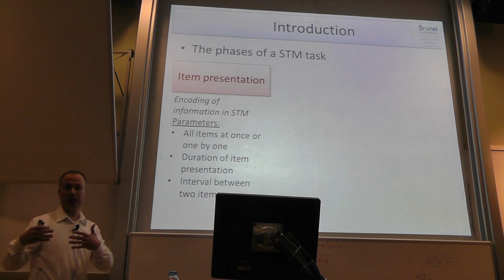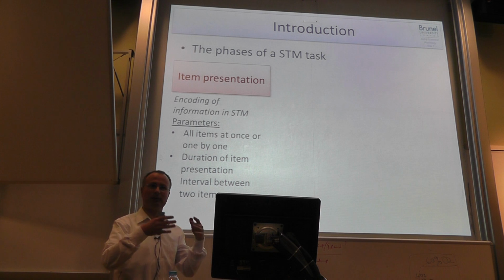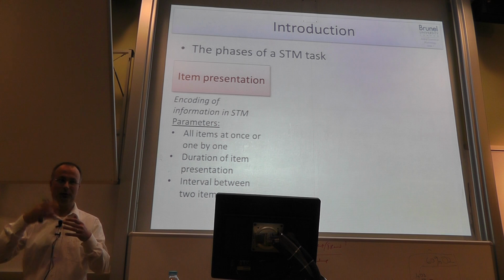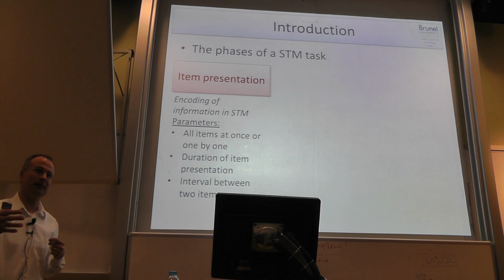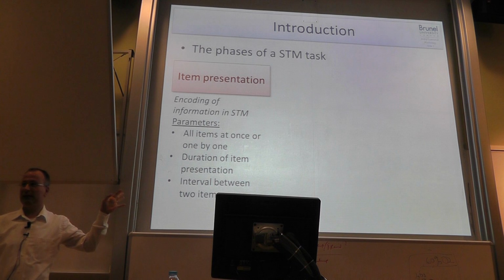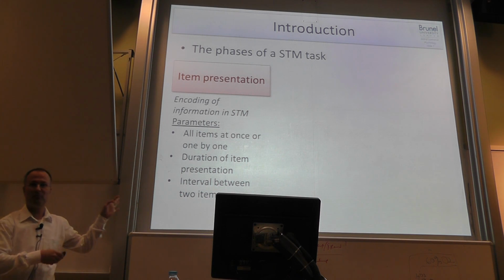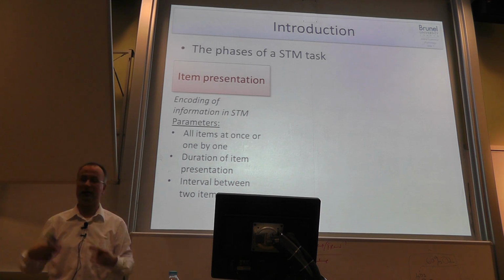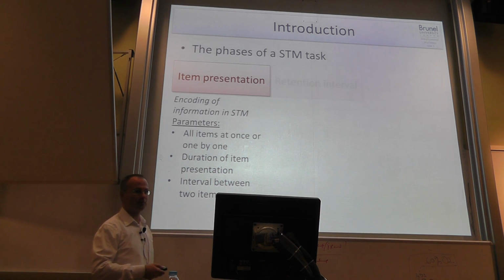The interval between 2 items. Do you give the participants a little bit of time to try to properly encode the item, or do you really flood them with the new items one after each other? So, and this all has potential effects. If you have a very high pace, participants can't work with the information but just have to try to keep it online a little bit.